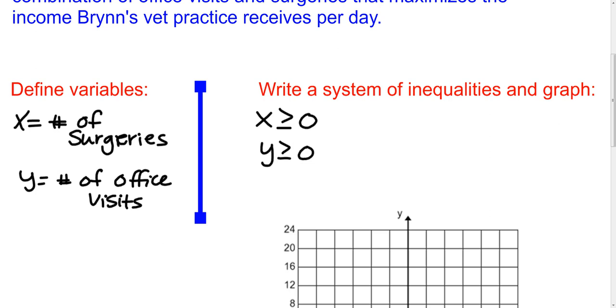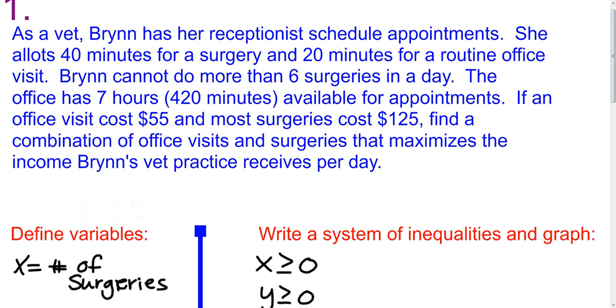Then we're going to kind of read through what happens here. So we've got one equation that we need to write about how much time she has, okay? And if we look at how much time she has, what I can see is that it's 40 minutes for every surgery that she does. Well, I don't know how many surgeries she's going to do.